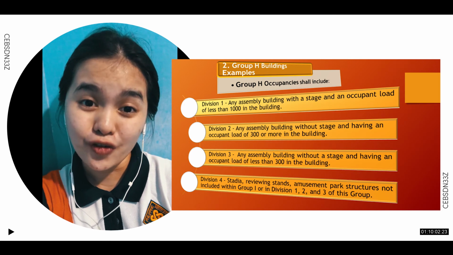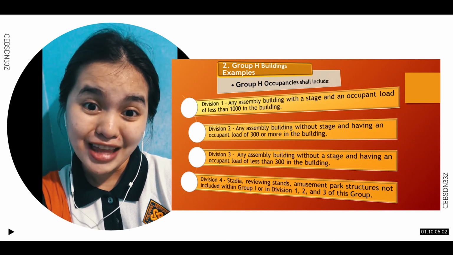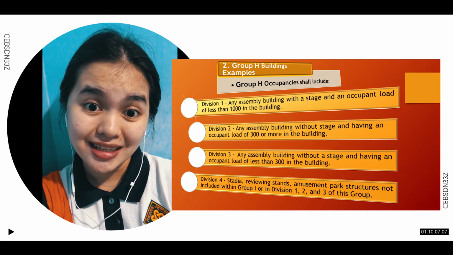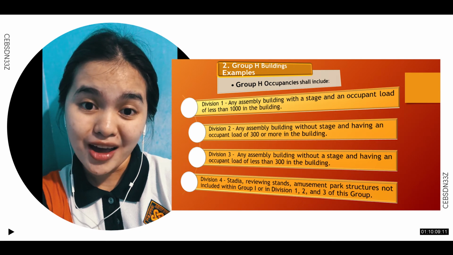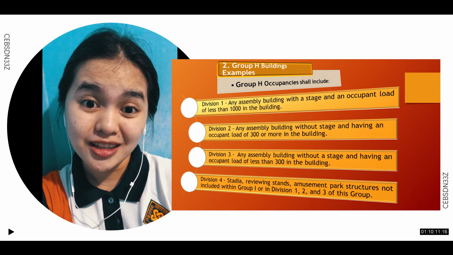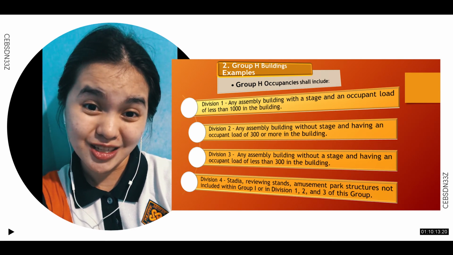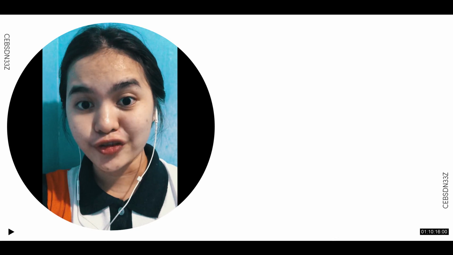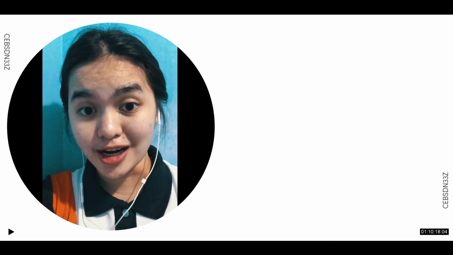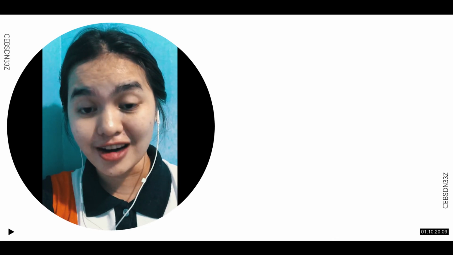And Division 4 is neither stated nor included in Group I nor in Division 1, 2, and 3 of this group. Remember that the subgrouping or division within is determined by the Secretary and it's based on the life and fire hazards.